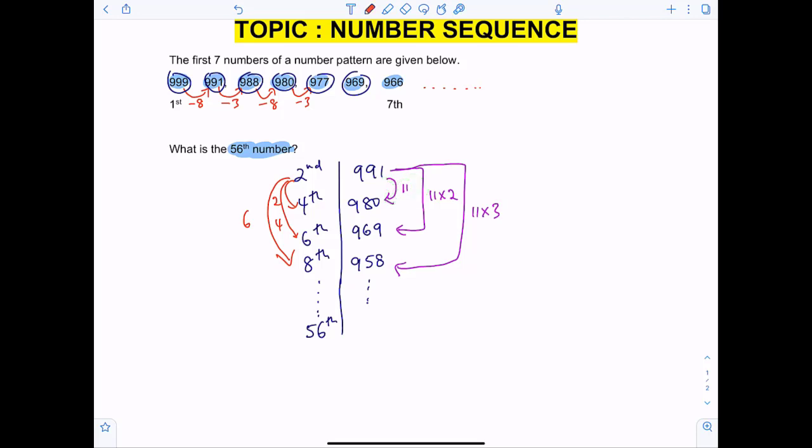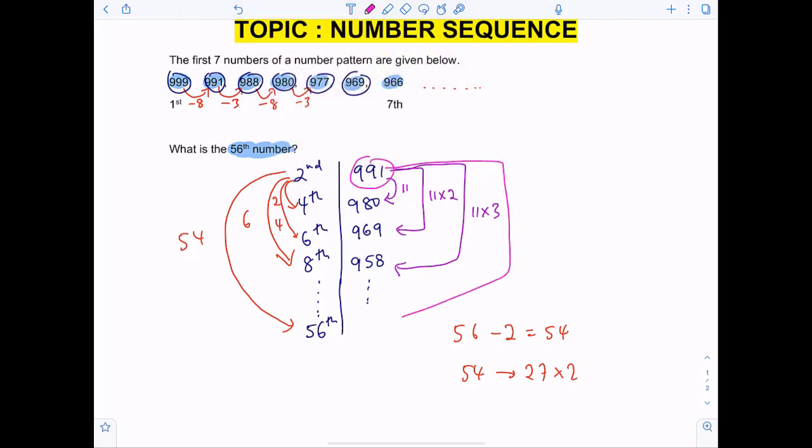So if you want to know what is the 56th number, you need to know the difference between 56 and 2. That is 54. And 54 is actually the same as what times 2? 27 times 2. So we'll expect from 991 all the way to the 56th number, the difference will be 11 times 27.